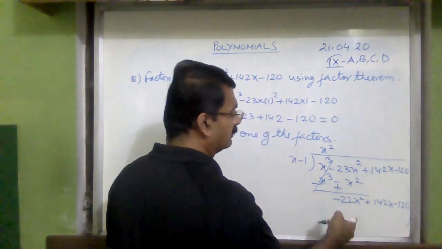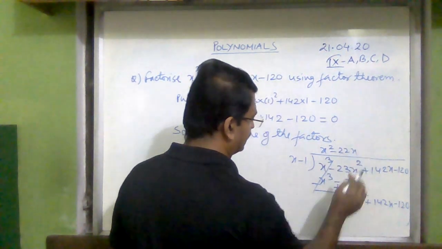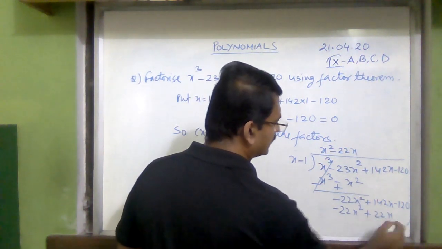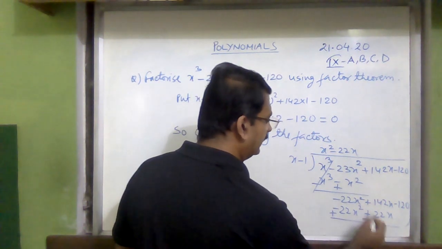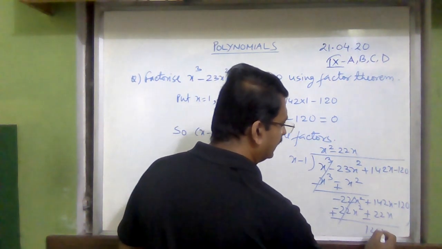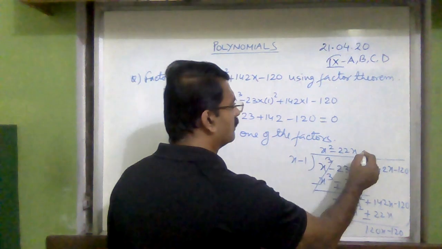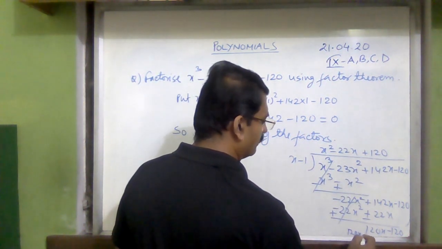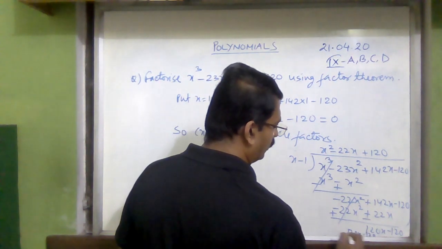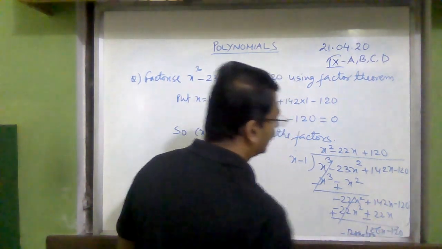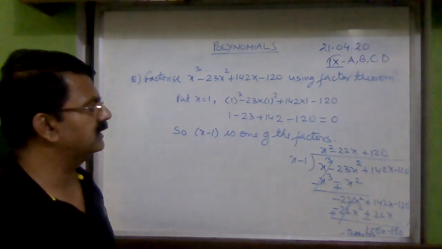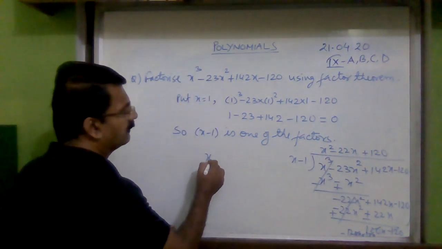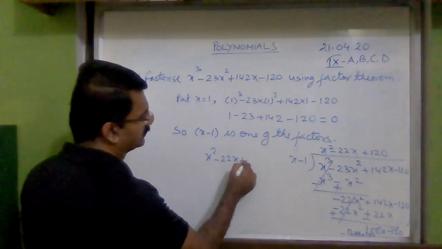Once again we will multiply it by minus 22x. So it is minus 22x square plus 22x. Again change the sign and it is 120x minus 120. So you multiply it by plus 120. So it is 120x minus 120. So you can see no remainder is left as expected. And the quotient we are getting is x square minus 22x plus 120.